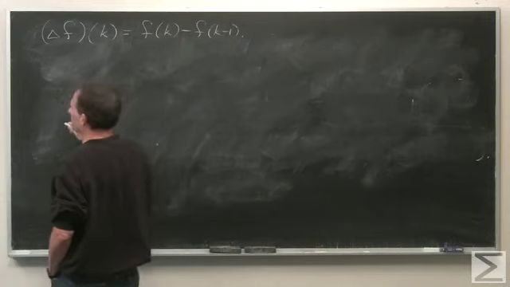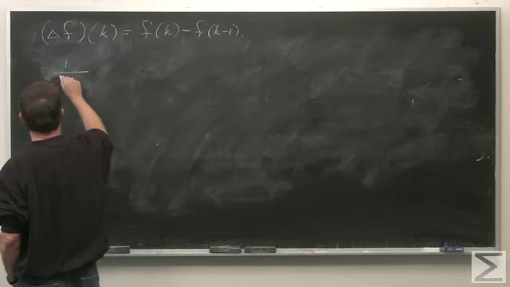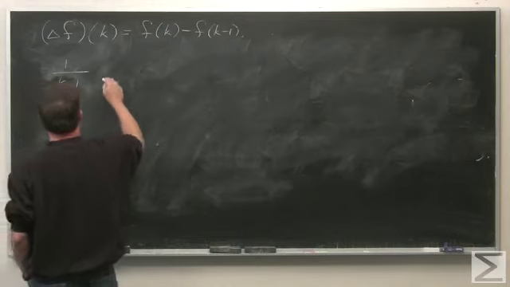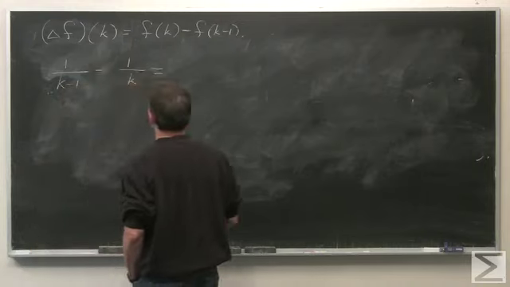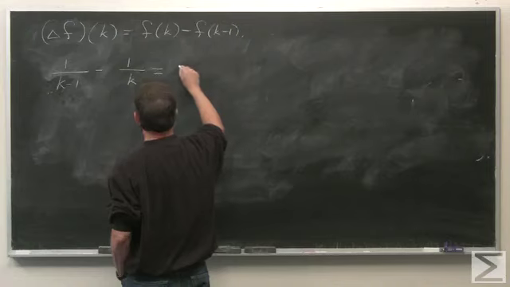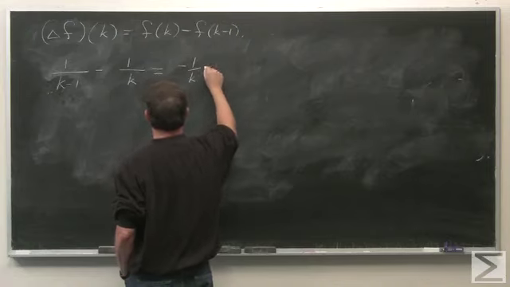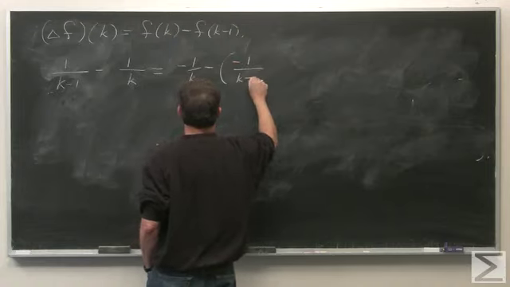So in this example, where we've got 1 over k minus 1 minus 1 over k, let me write it as negative 1 over k minus negative 1 over k minus 1. These are clearly the same.